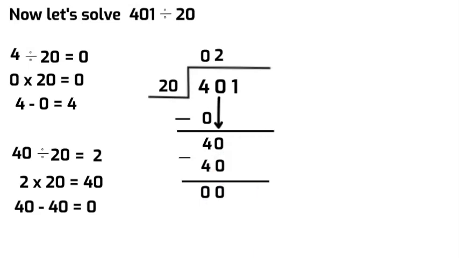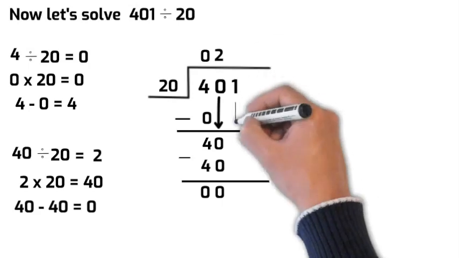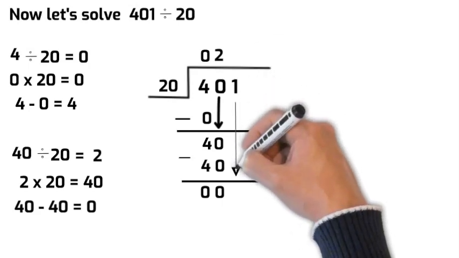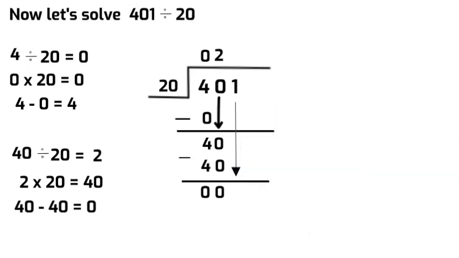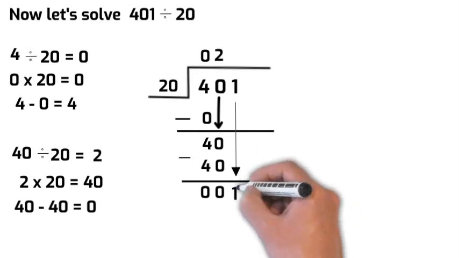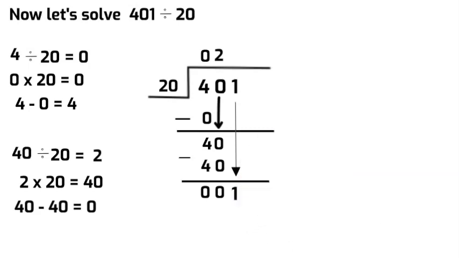Next, we bring down our third digit number. In this case, we bring down 1. So, we write 1 right below the horizontal line.